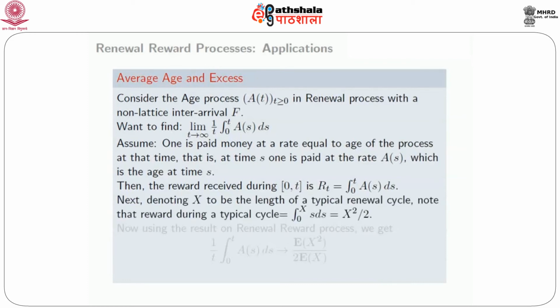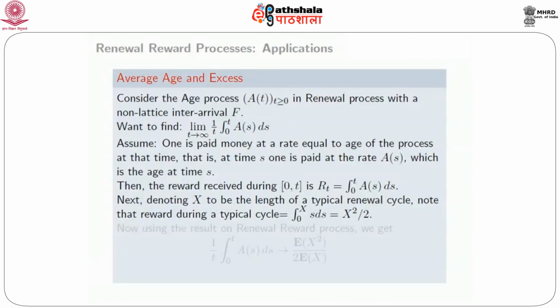Next, denoting X to be the length of a typical renewal cycle, note that during a typical cycle, the integral from 0 to X of s ds, for random X, would be X squared by 2. So the reward during a cycle would be X squared by 2. That is because as time passes in a cycle, the age is s. So as s varies over 0 to X, you keep on getting reward s at time s.